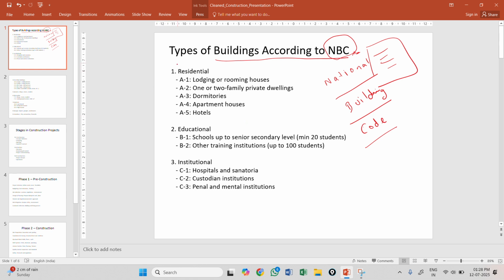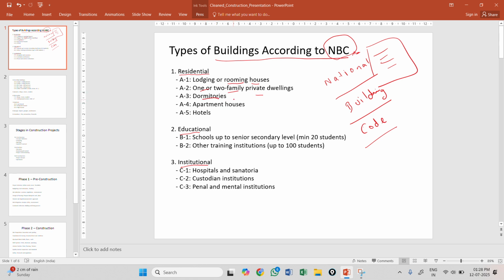Next, in NBC they have defined some of the things about buildings. There is a residential building, educational building, institutional building. Residential building is like lodging and rooming services, rooming houses, maybe for a guest. If you're going to build a house, it turns out to be a residential building. One or two family private dwelling, where they stay together.